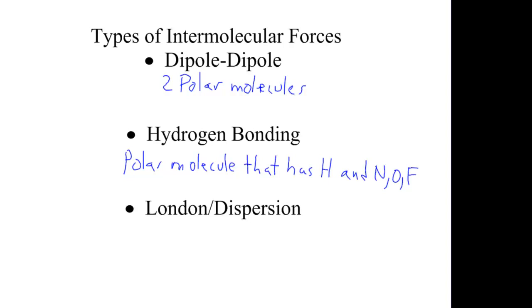This is a stronger version of an intermolecular force where you have the three most electronegative elements, nitrogen, oxygen, fluorine, being attracted to the positive charge on a hydrogen. And London dispersion is going to occur between non-polar molecules, and this is the weakest of the three.